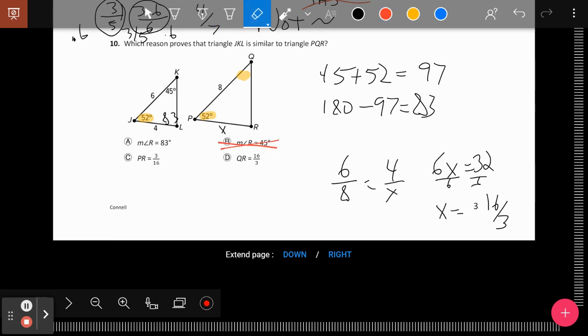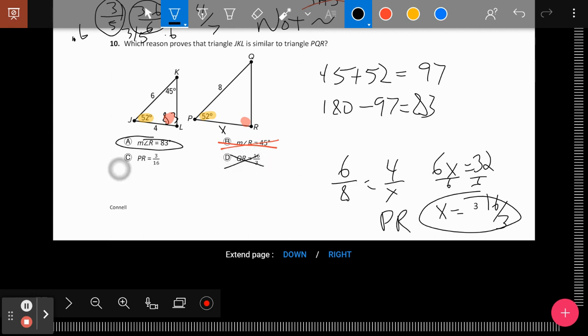R would have to match this one right here. So R being 83 would be very good. And then we want PR to be 16 over 3. This is what PR could be, not QR. And we want 16 over 3, not 3 over 16. And so it ended up being only one right answer to number 10.